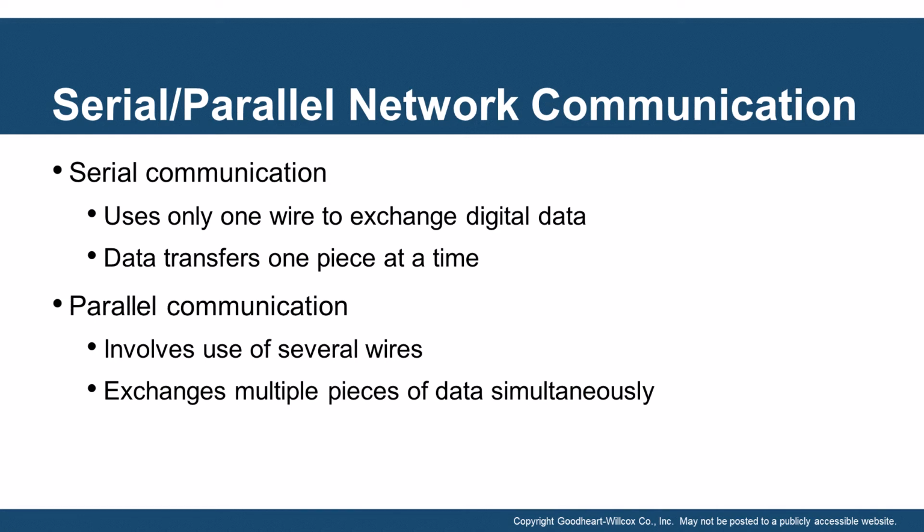So it can be a little bit slower, and it also is slightly less reliable because it doesn't have redundancy built into it. When you deal with parallel communication, that involves usually several wires. In most cases today it's 2, and it exchanges multiple pieces of data simultaneously, and it's sent on both wires in order to make sure that the message being sent has indeed been validated so that there's no corruption of that data.